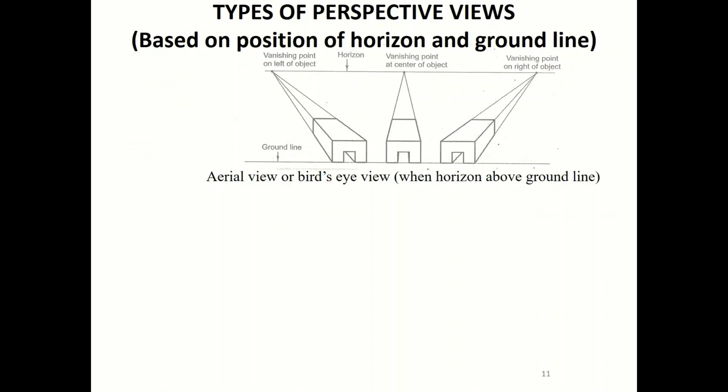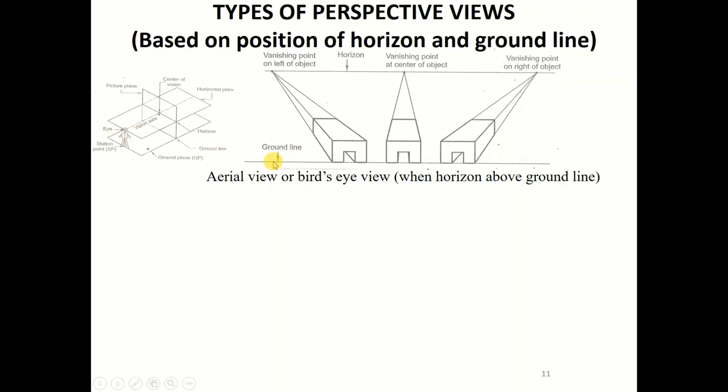Now, depending upon the relative positioning of the horizon line and the ground line, the perspective views can be classified into three types. Please keep this picture in mind: the ground line represents the ground plane passing through the feet of the observer, and the horizon line represents the plane passing through the eye level of the observer.